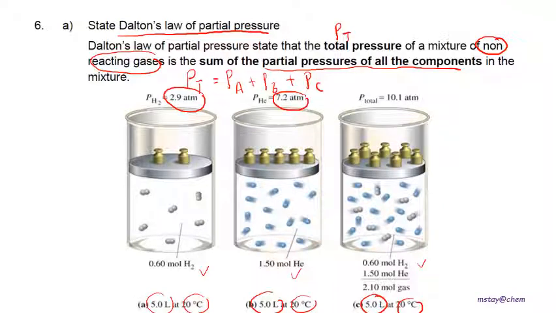However, if I mix these two gases together in the same container, their total pressure will be equal to 2.9 plus 7.2, which is 10.1 atm. The amount of the gas is not changing even after they mix together, and the volume of the container is still the same.